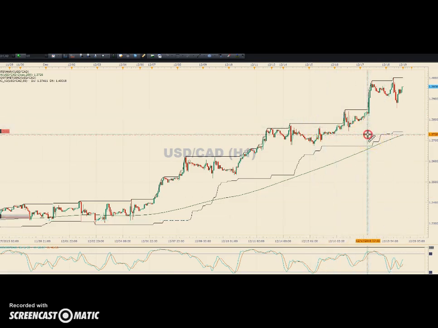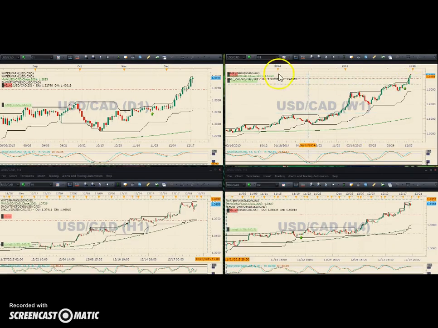And as this trade continues to move forward, it may continue to move higher. The lower Donchian channel line is going to continue to move higher as well, and then what I would do would just be trail the stop up. And that would be how I would manage this particular trade going forward.